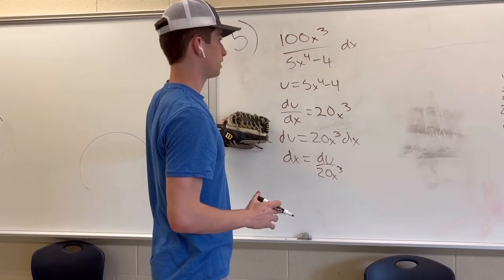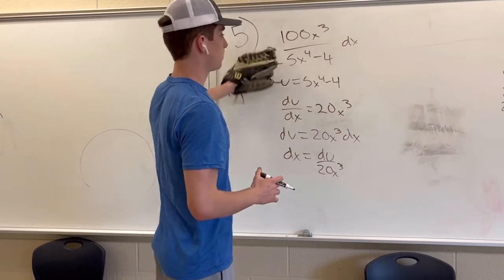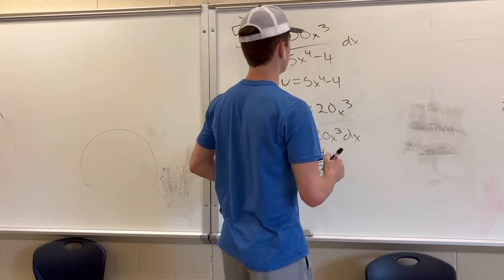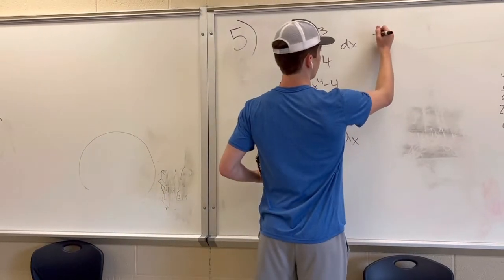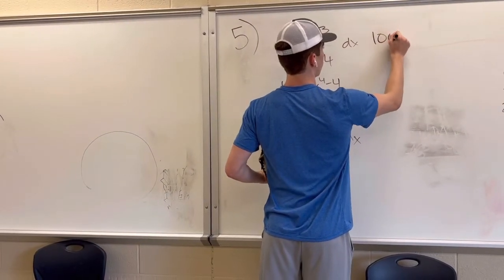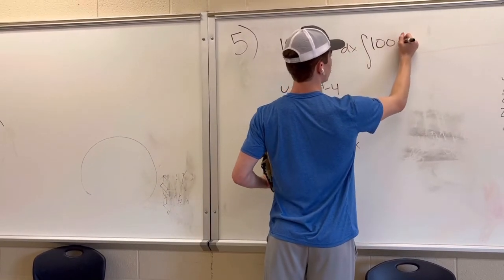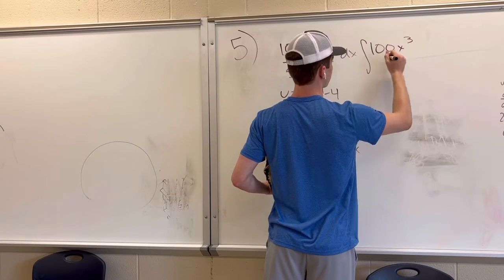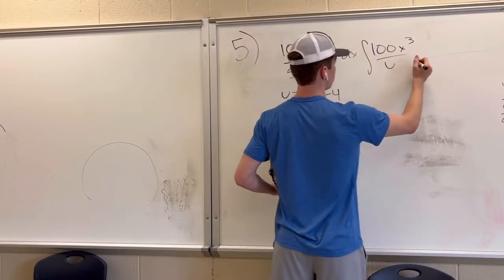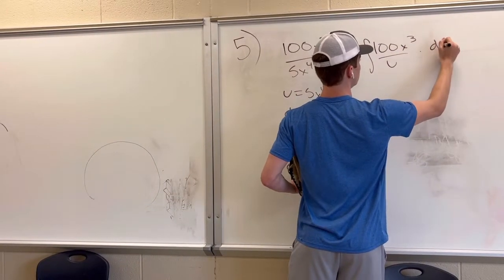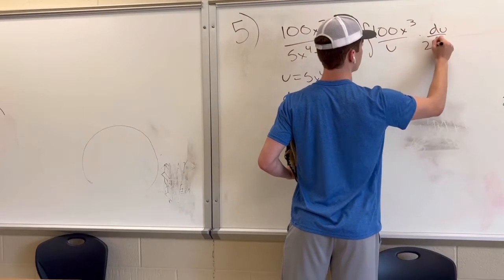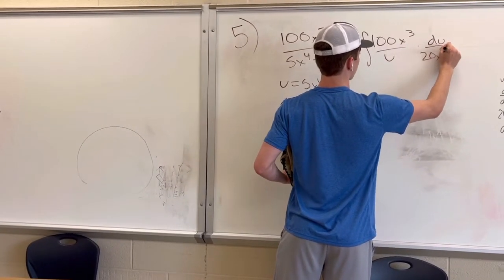And now that we got these values, we need to plug them back into our original equation. So we'll have the integral of 100x to the power of 3 over u times du over 20x to the power of 3.